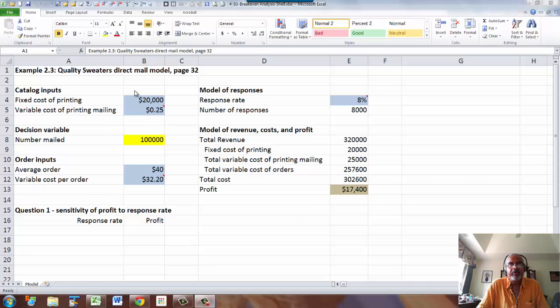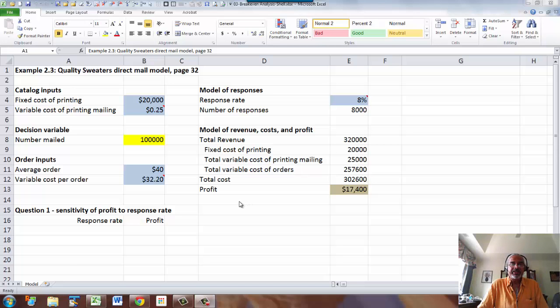Now that we have set up the model for profit with number of catalogs to be mailed as the decision variable, then response rate, or how many of those 100,000 will respond, is an uncontrolled or independent variable.